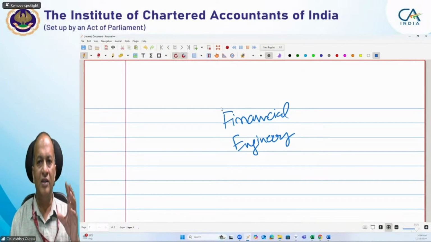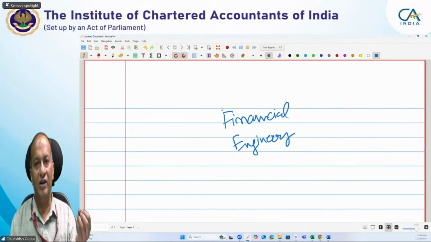All these are covered in financial engineering, because different types of financial products are designed to meet the lender's or borrower's need. Students sometimes ask, sir, what is financial engineering? We can say we make a financial product. An interest rate swap is also a kind of financial engineering.